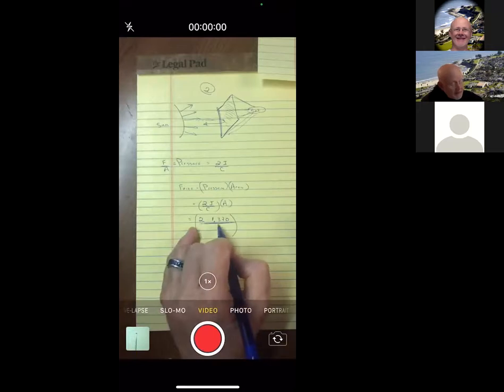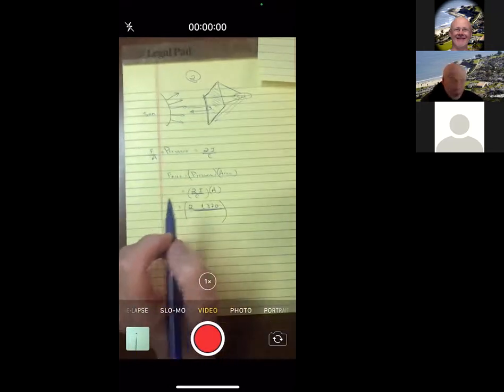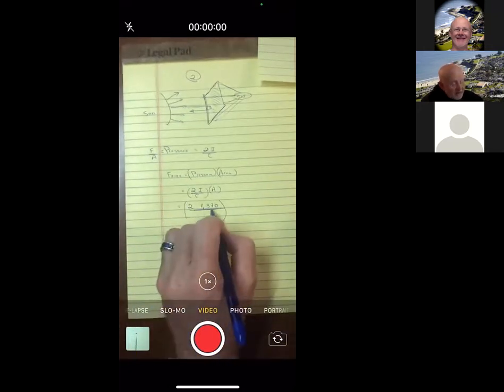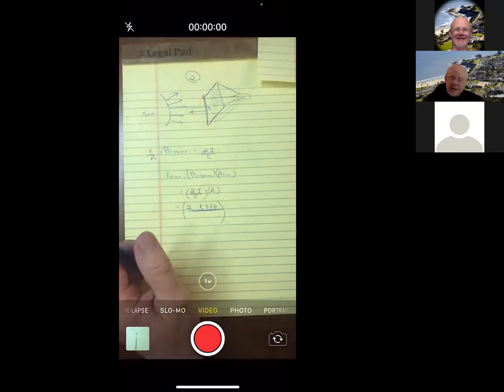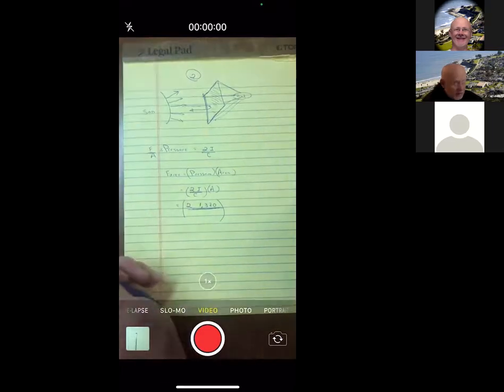And that's about the intensity when it reaches our Earth. It's about 1,000 by the time it gets down to the surface. So when you're dealing with solar cells, we often say the intensity is 1,000 watts per square meter, because that's what makes it down to the surface of the Earth after going through the atmosphere.